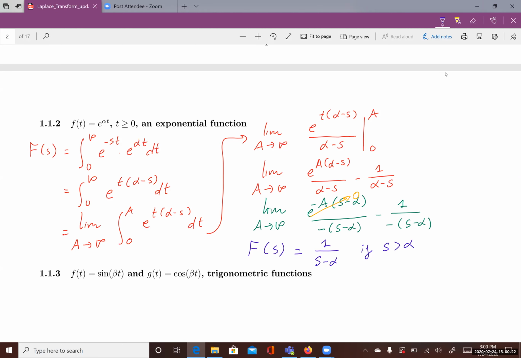Because if s is greater than alpha, this term here will be positive, and this term here will go to 0 as a goes to infinity. So this is the Laplace transform for the function e to the alpha t.